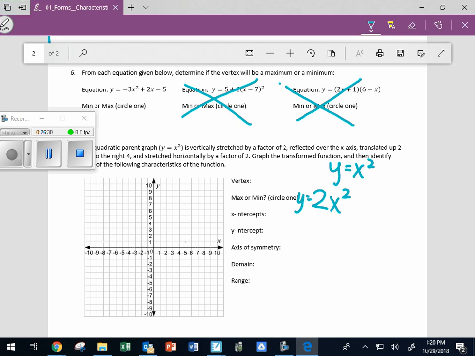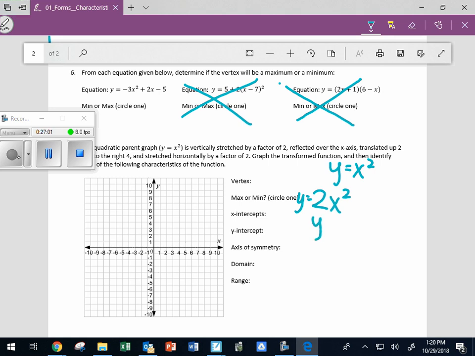What's the next thing we have to do? Reflect it. All right, so if we're reflecting it, what does that mean about our equation here? Should be a negative.